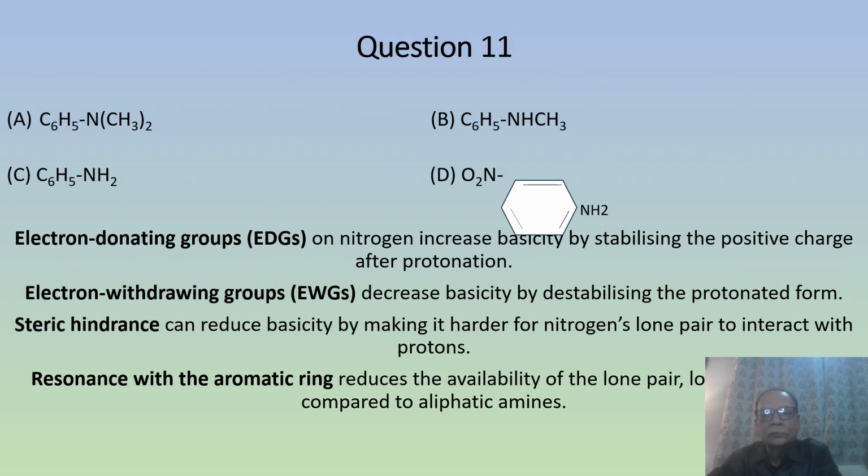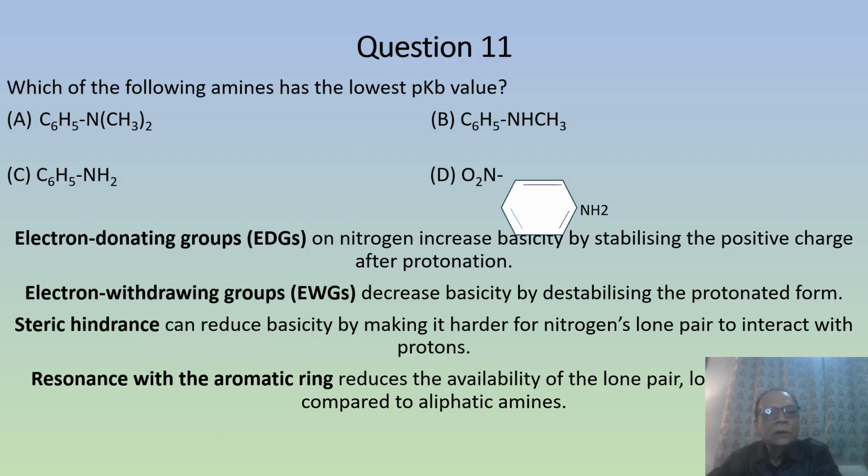Question 11. Which of the following amines has the lowest pKb value? A, B, C, or D? Now this has to be reasoned out on many parameters.